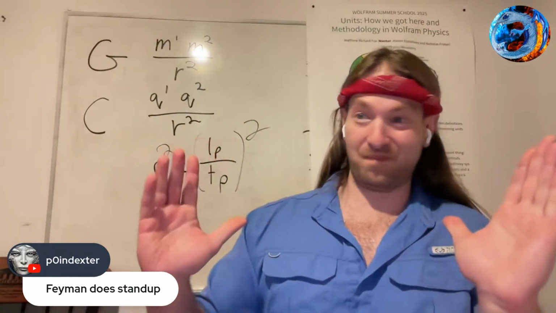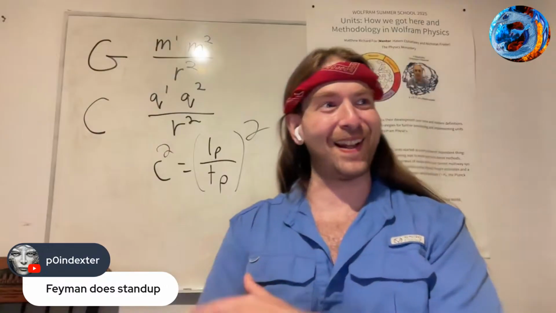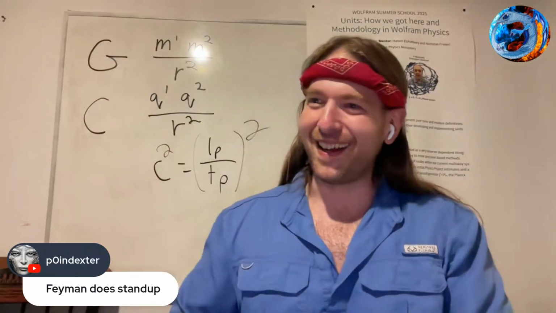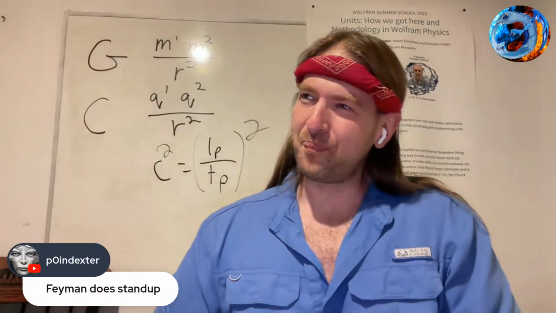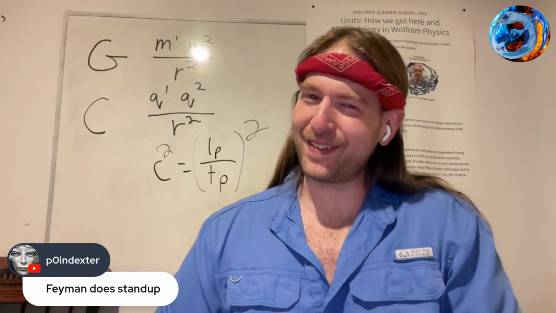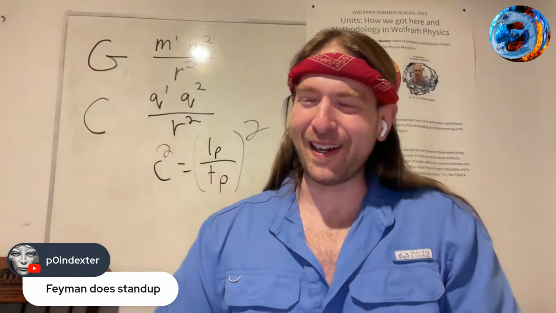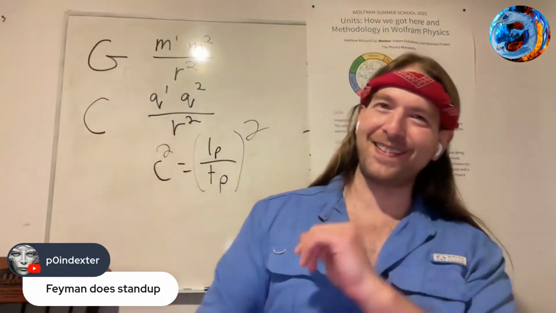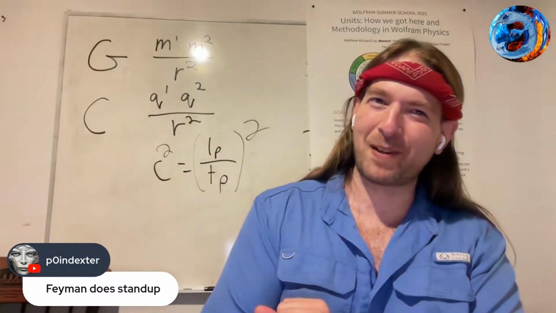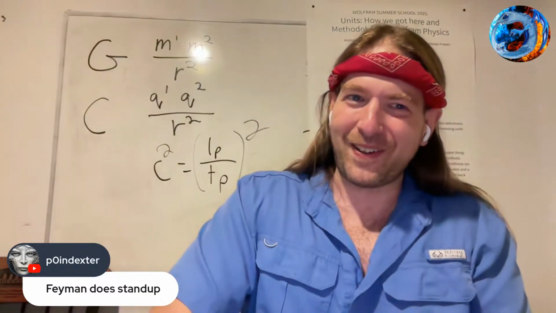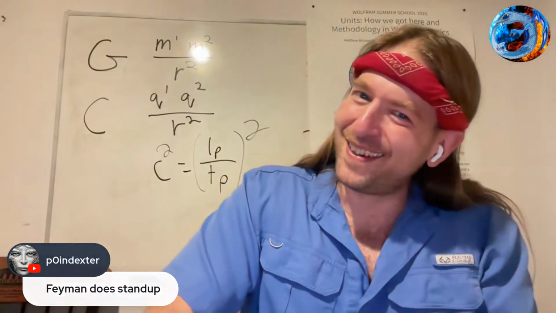That was literally what I thought, and that's why at one point I asked Stephen Wolfram if physics hadn't worked out for him, could he have made it as a stand-up comedian? And he gave his thoughts. He's like, yeah, probably not a good stand-up comedian, but a good expositor of science.